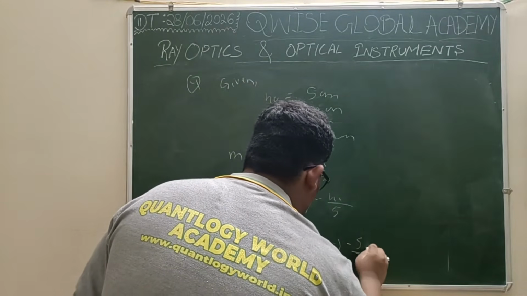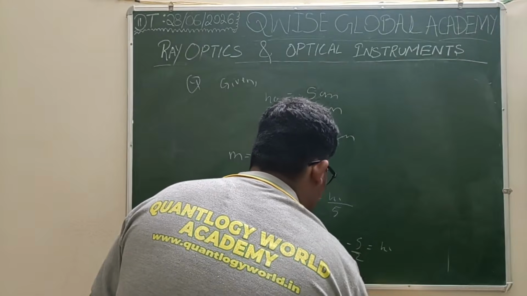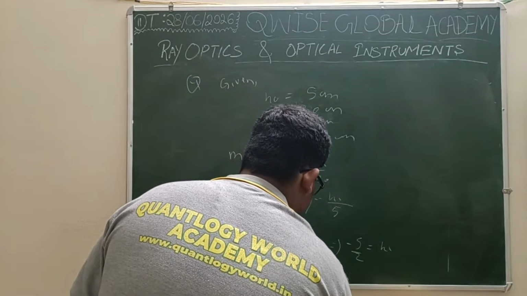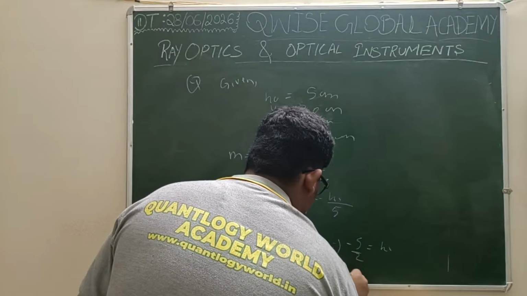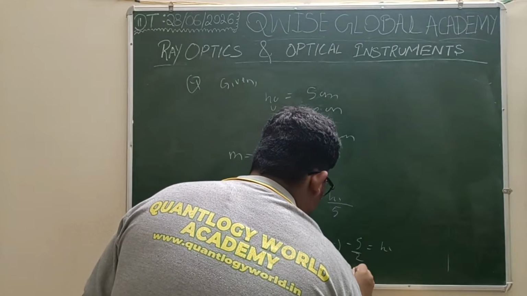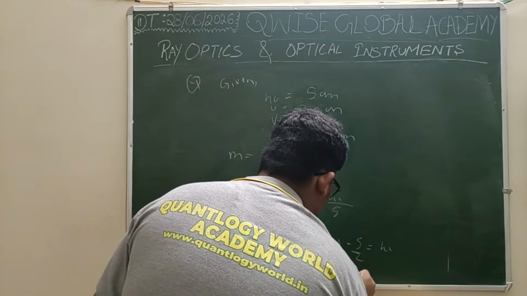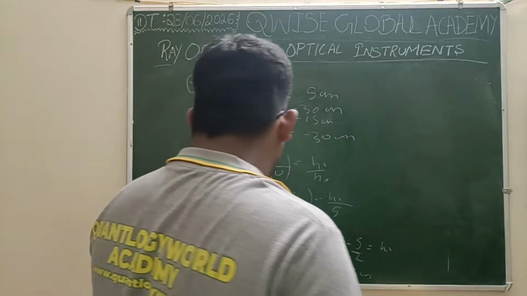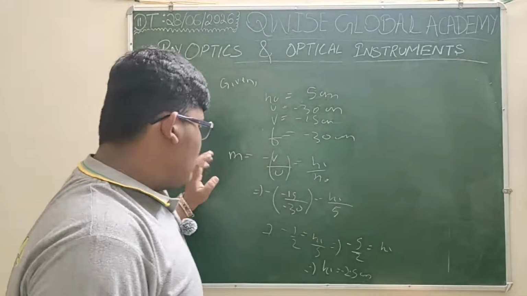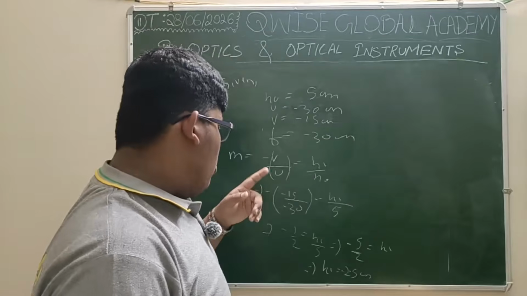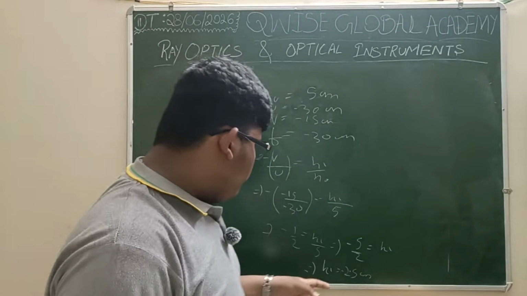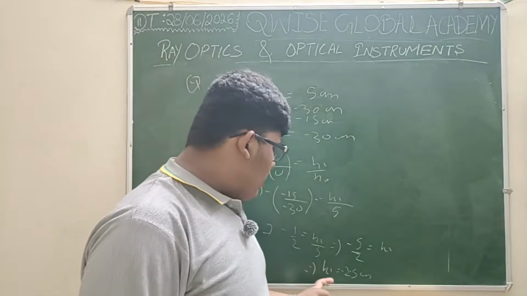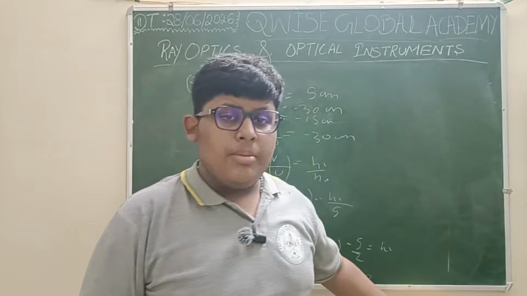Minus 5 by 2 equal to hi, implies that hi equal to minus 2.5 centimeter. So by using the magnification formula, that is minus v by u equal to hi by ho, we get the height of the image is minus 2.5 centimeter.